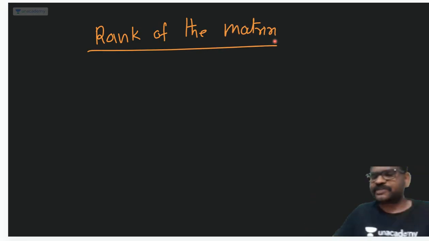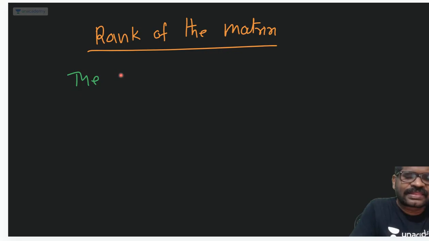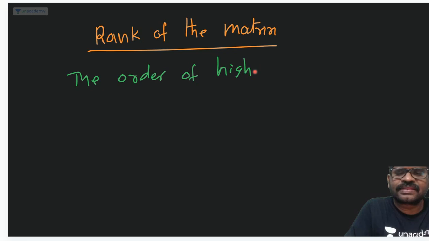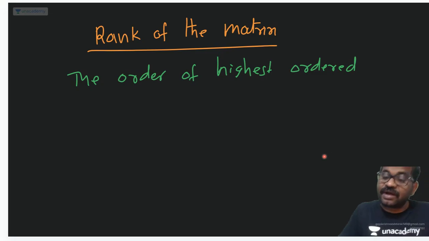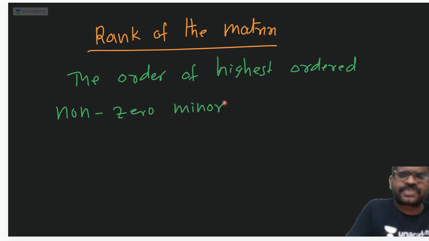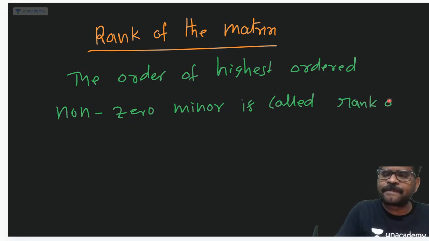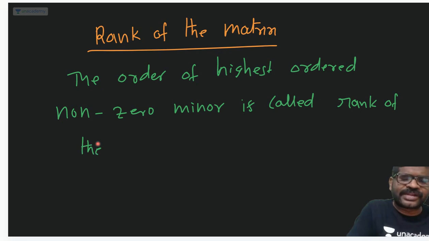Rank of the matrix. The order of the highest ordered non-zero minor is called the rank of the matrix.